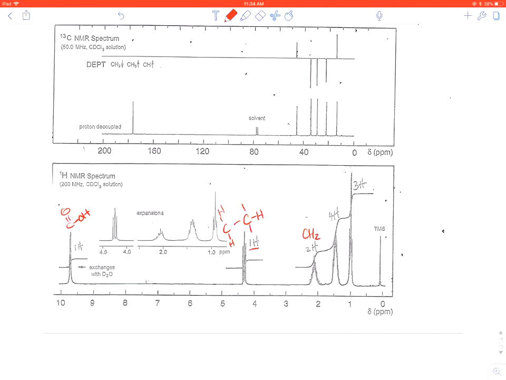So we have a CH2 here. We have 4 hydrogens, so this is some coincidental overlap. CH2 overlapping with CH2. We can't really tell what the splitting is for any of these, so that's okay. This 3H signal is CH3. It's a triplet, and I see the expansion here. That's how I know that's a triplet.